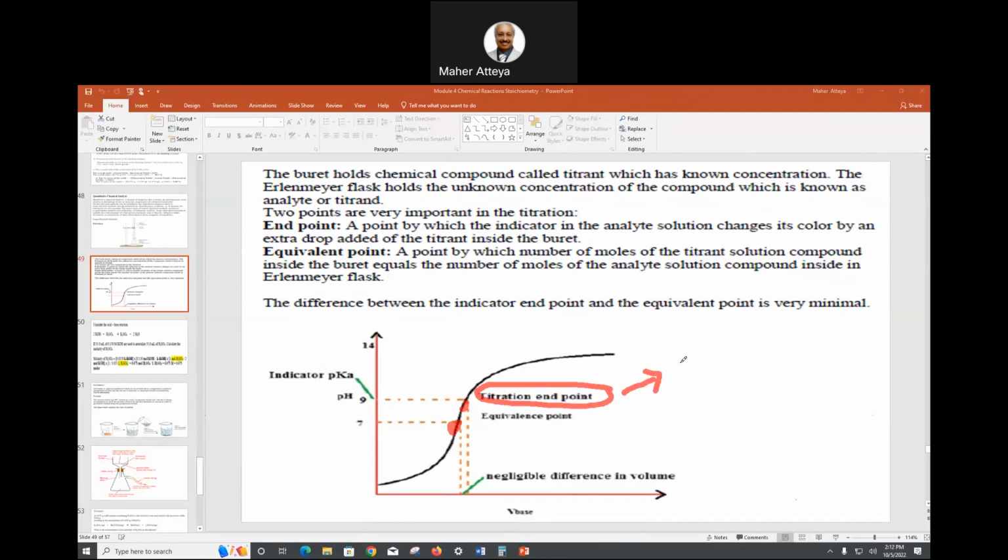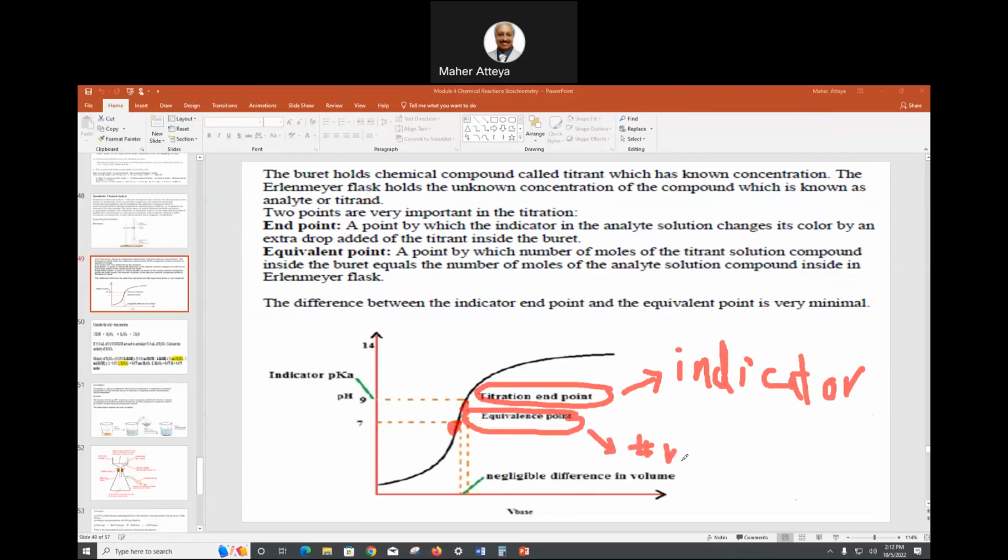So for this one here, you have to use what? Indicator. Okay, guys, use what? Indicator. So here we don't use an indicator. Here, for the equivalent point, you use what? Calculation based on the number of moles.